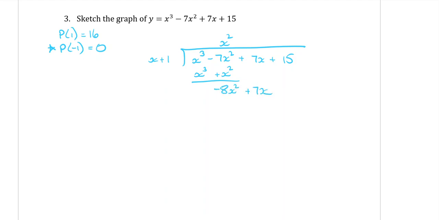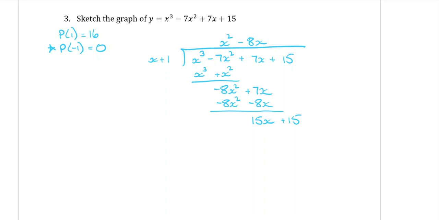Bring the 7x down. Dividing, minus 8x squared divided by x is minus 8x. Timesing it out, minus 8x squared minus 8x. Subtracting, 7 minus minus, which makes a plus, will make 15x. Bring the 15 down.